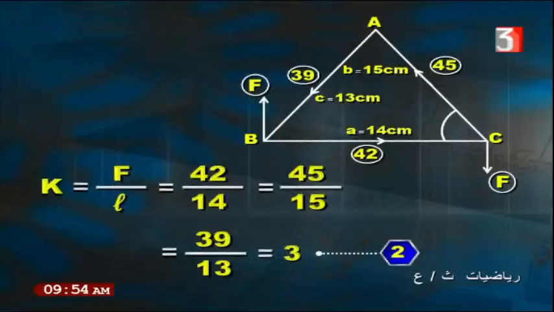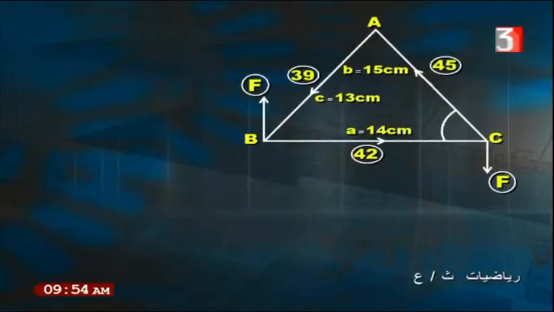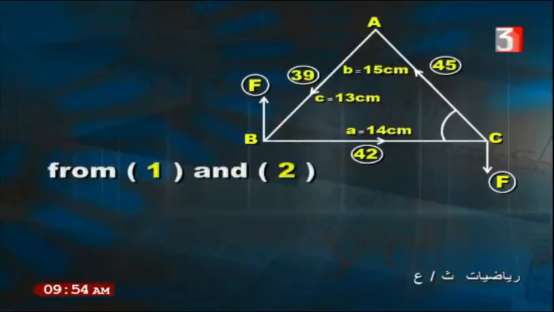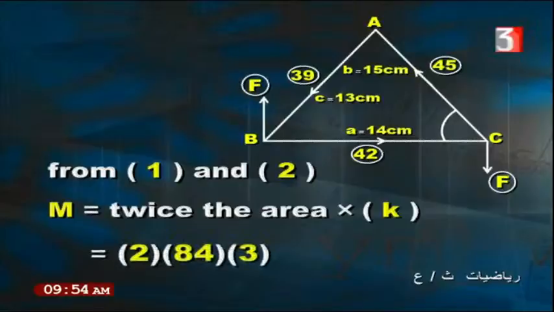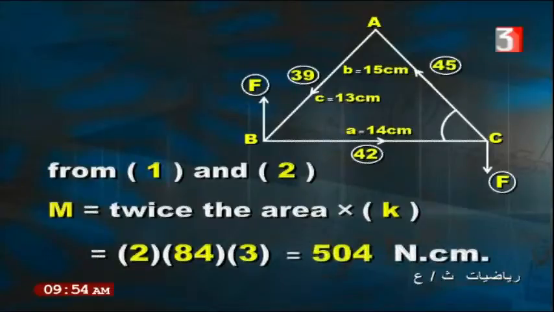Constant ratio. Therefore, the moment of the couple is twice the area of the triangle times the constant ratio K, which equals 2 times area 84 times constant ratio 3, which equals 504 Newton centimeter. This is the moment of the couple.